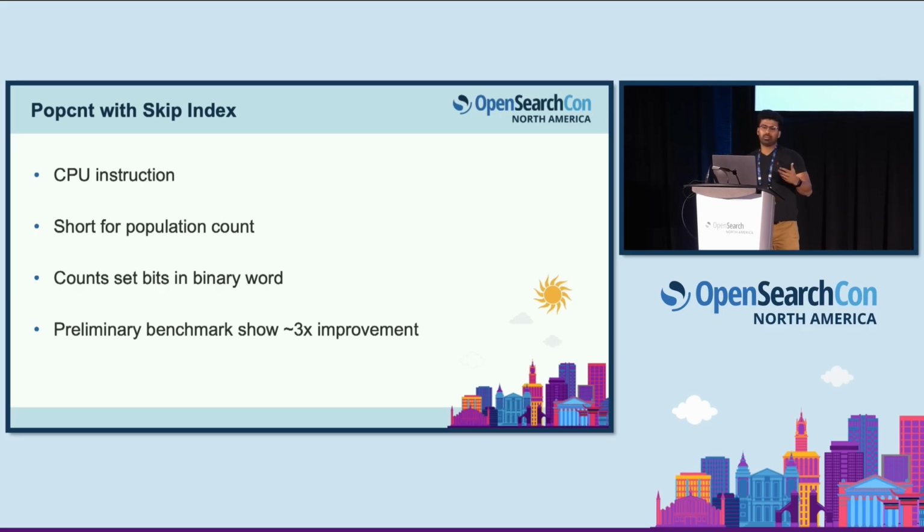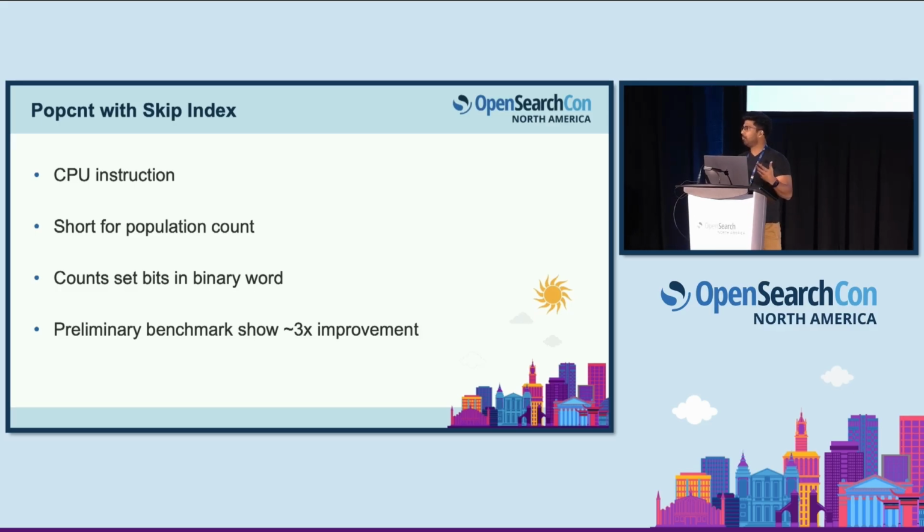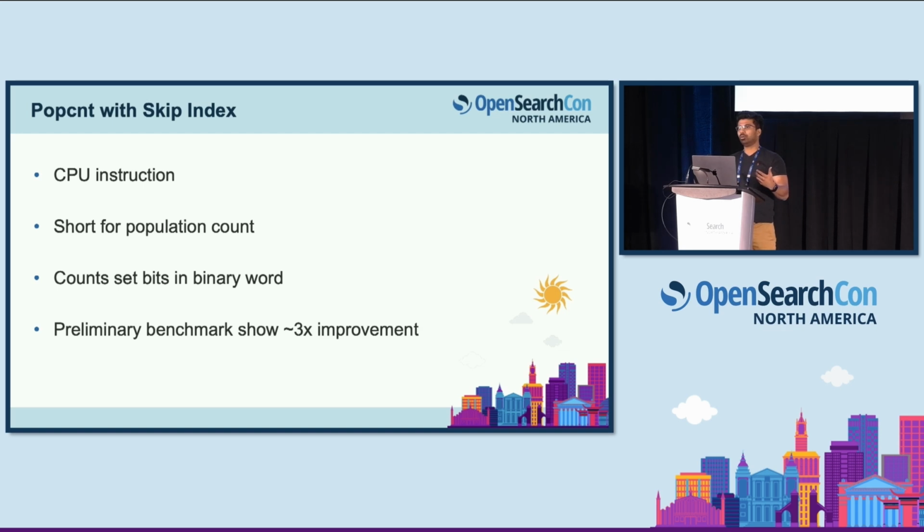Pop count is a CPU instruction, short for population count, and all these doc ID set iterators are backed by a bit set, which is nothing but a bunch of longs in memory. And this pop count instruction can efficiently count the number of set bits in a long.